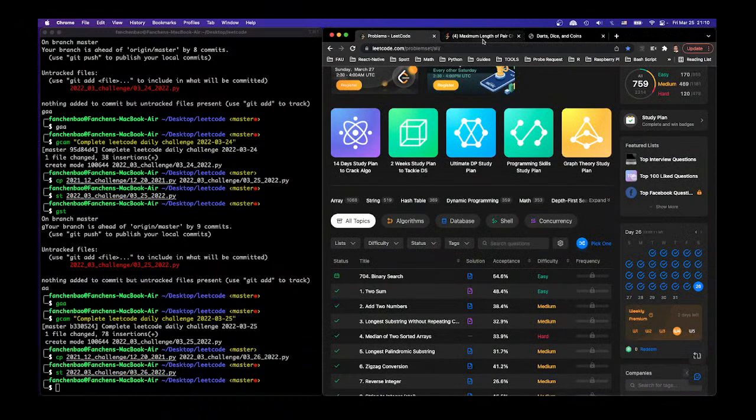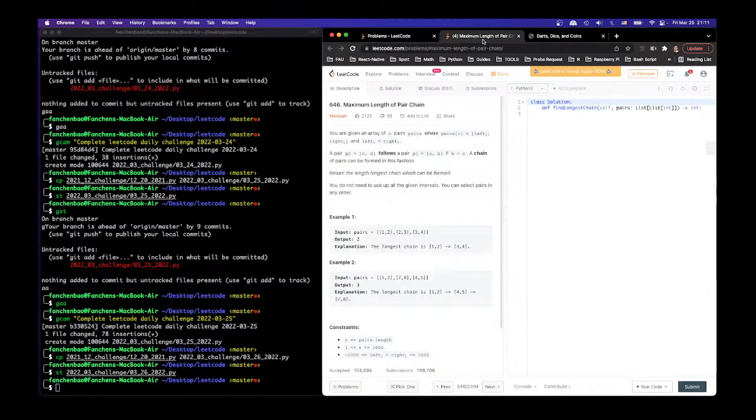Let's do this. Maximum length of pair chain. You're given an array of n pairs where pairs[i] equals left and right, and left is smaller than right.